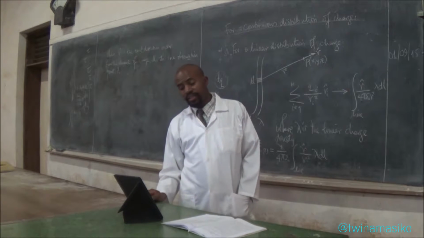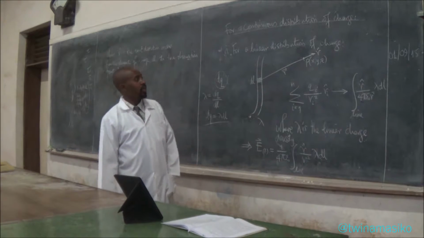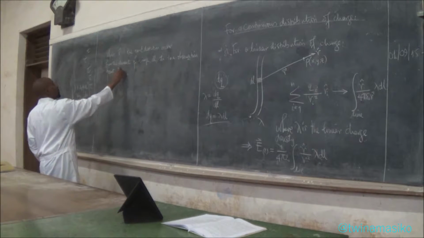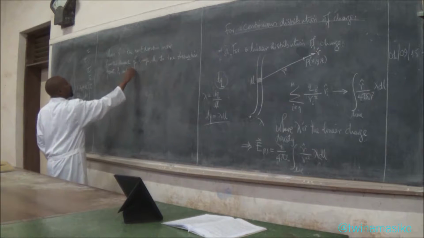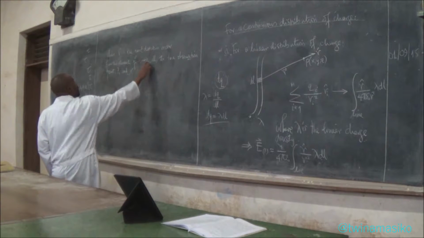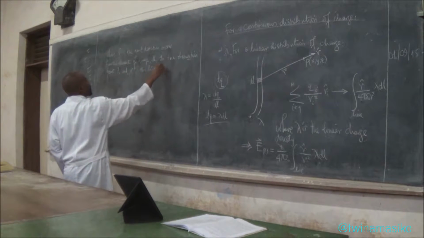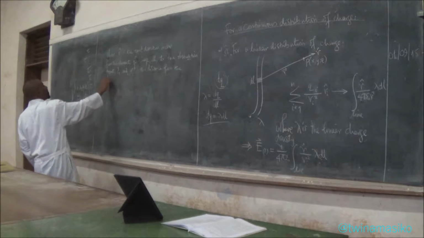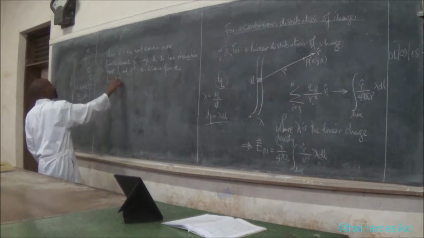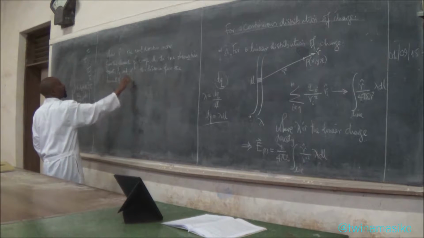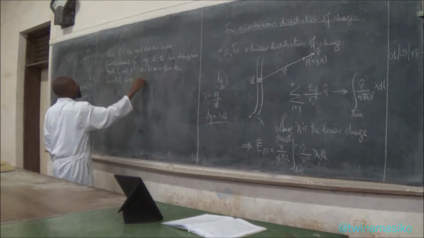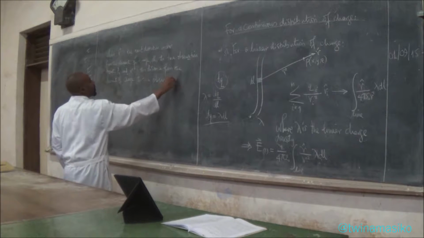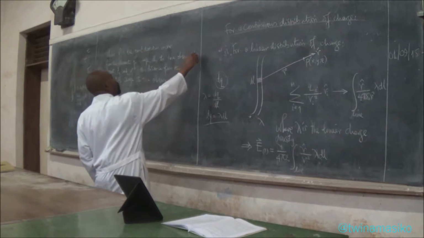And the R is the distance from the element of charge to the observation point.